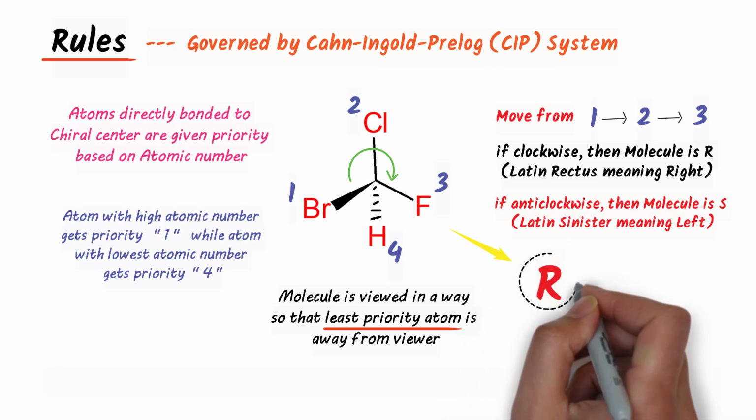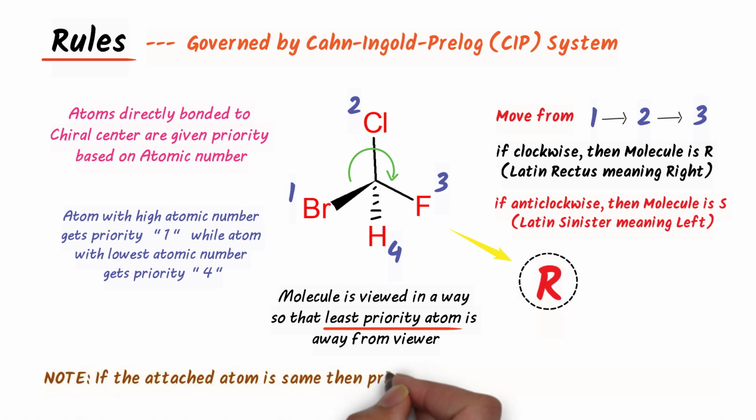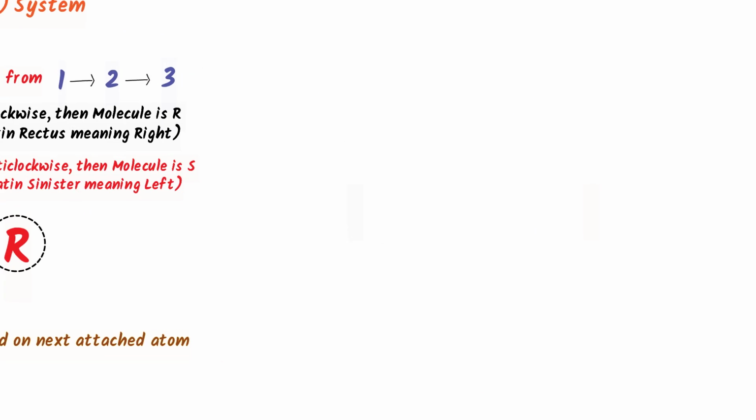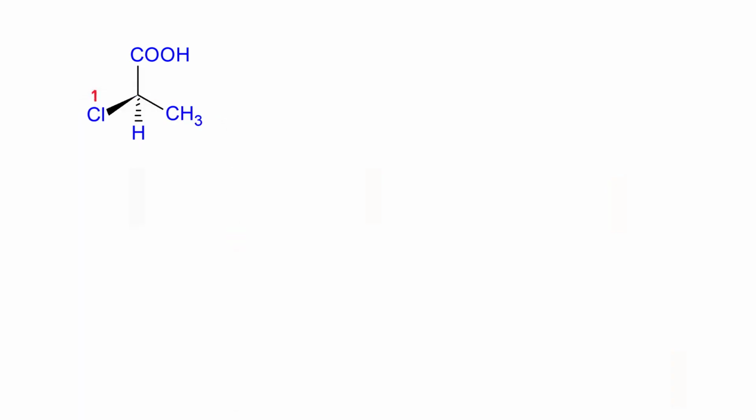Point to be noted is that if the attached atom is the same, then priority is given based on the next attached atoms. For example, in this molecule, chlorine gets priority first because of its high atomic number. Then the carboxylic carbon gets priority second because the next attached atom is oxygen.